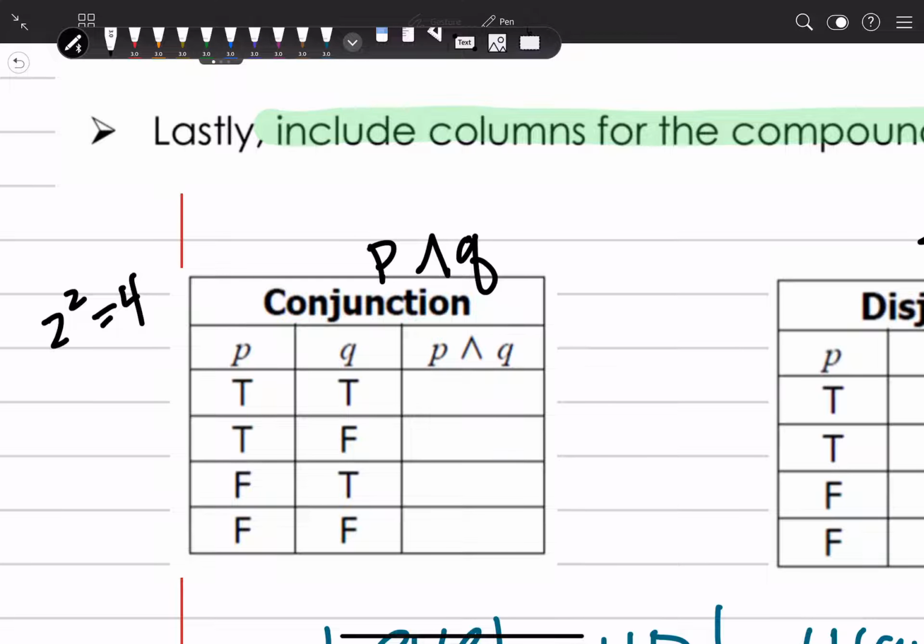And then the way that you set it up, you do half of them at the beginning to be true, and then the other half to be false. And then you alternate your true, false, true, false.